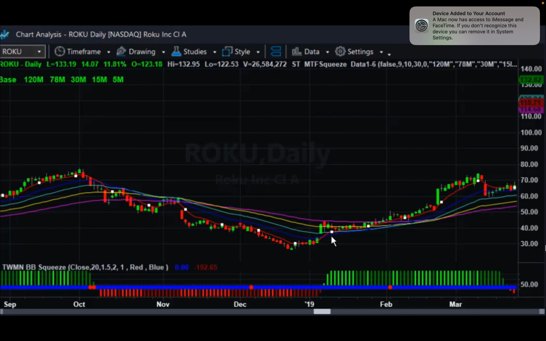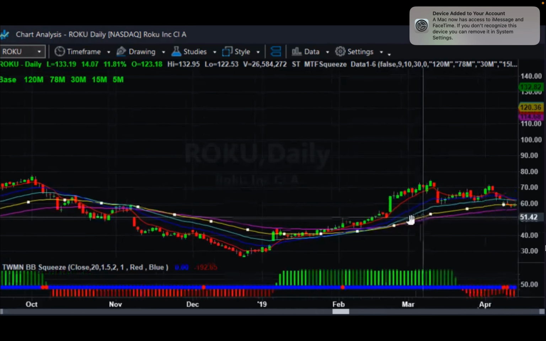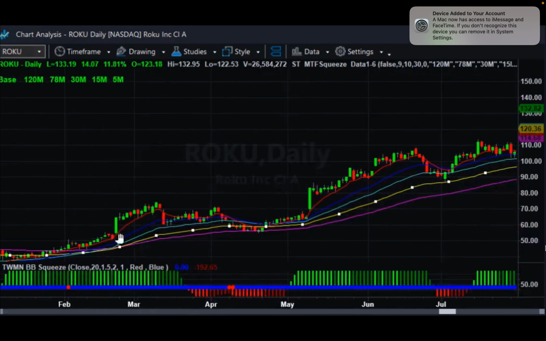There's a crossover. Even though you have some congestion in here for a week or two, then it breaks above the 8. Moving averages are now stacked positive, and look what happens to the stock. It goes up from here. Okay, so that's what the moving averages can tell you. They identify trends, and you see price in relation to the moving averages.